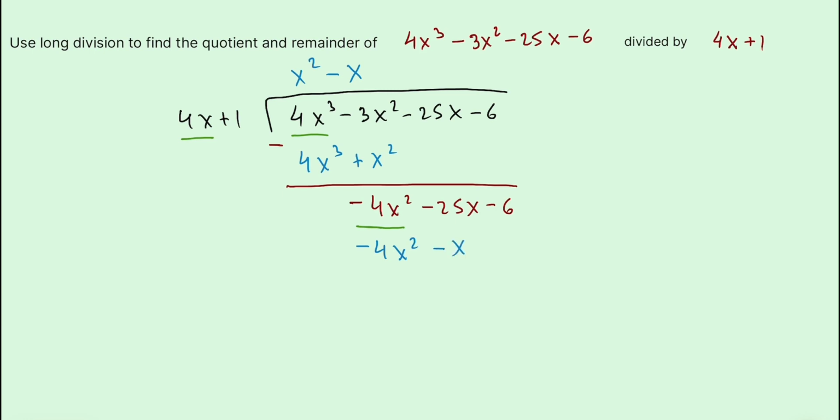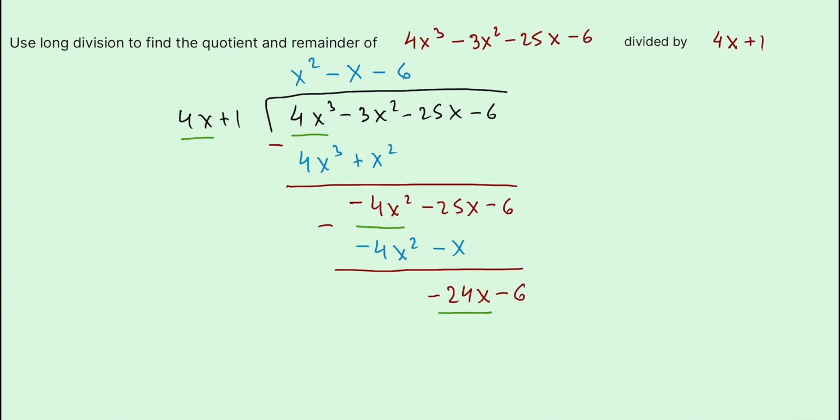Here, again, we subtract. Negative 4x squared minus negative 4x squared is 0. Negative 25x minus negative x is negative 25x plus x, which is negative 24x. Then we bring down the minus 6. Again, we divide negative 24x by 4x, and we get negative 6. We write that at the top.